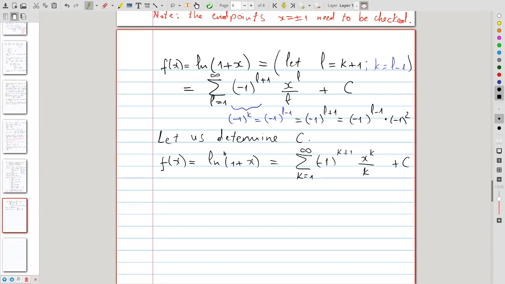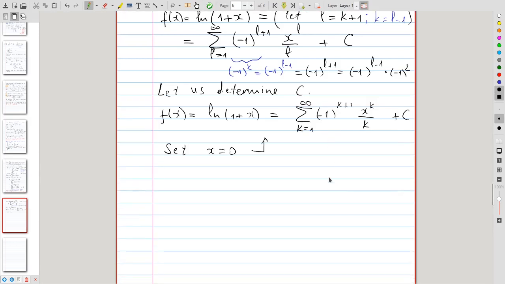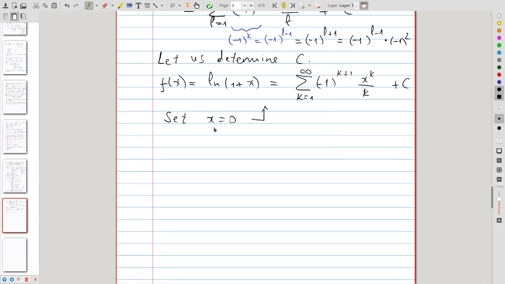To determine C, we will substitute x equals 0 in here. Okay, what does this result in? Well, when x is equal to 0, on the left we have log of 1 plus 0. So that is log of 1, which is 0.